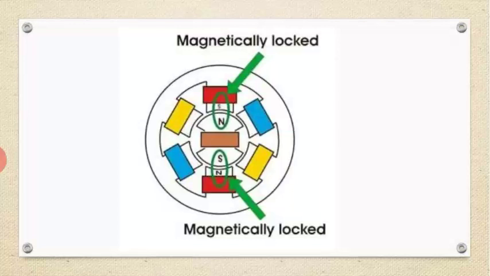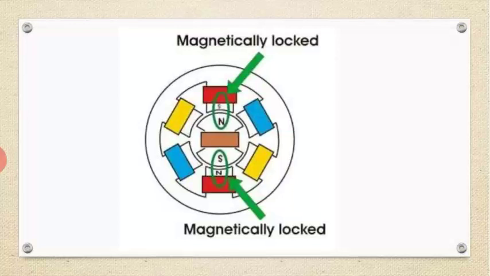So here is one phenomenon that is called magnetic lock. So what is the magnetic lock? When the motor is started as an induction motor, the rotor is nearer to the stator poles, because the stator pole is ahead as it is rotating at synchronous speed, and the rotor is rotating at less than synchronous speed, like an induction motor.